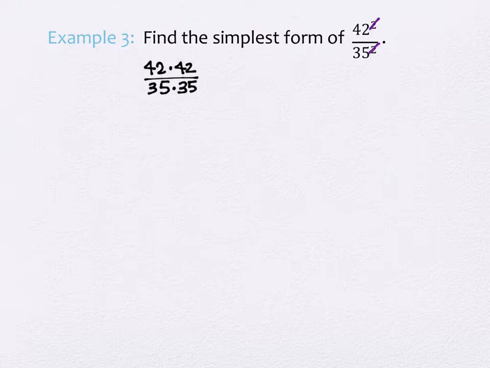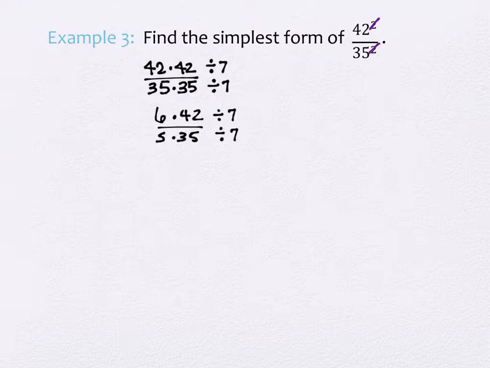That's what you're really doing when you're doing that. So if I divide by 7 once, I end up with 6 times 42 and 5 times 35. You don't have to do it in 2 steps. I just want you to recognize that you really are doing it twice. And then dividing by 7 again would divide by the second one. So you have 6 times 6 and 5 times 5.